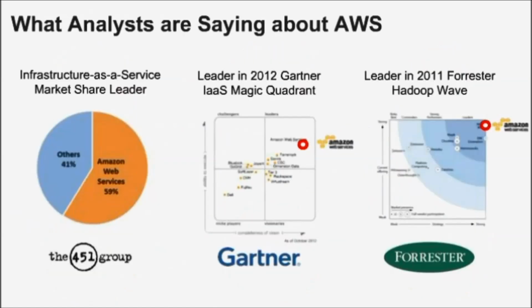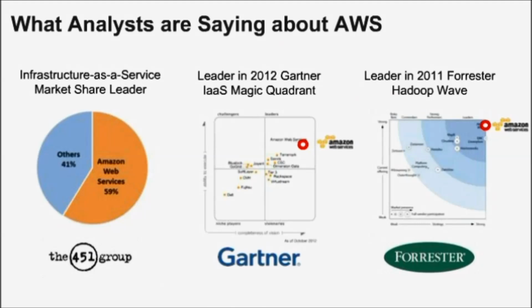So I wanted to do a quick slide just on what some of the analysts are saying about us. So you can see there's 3 different analysts here, the 451 Group, Gartner, and Forrester. And you can see, with Gartner and Forrester, we're up in what Gartner typically calls the Magic Quadrant. One of the interesting things that I've noticed, we had that same graph for 2011.